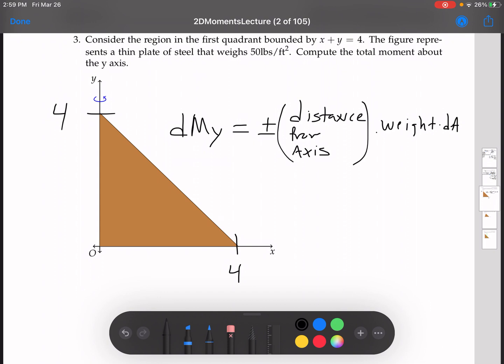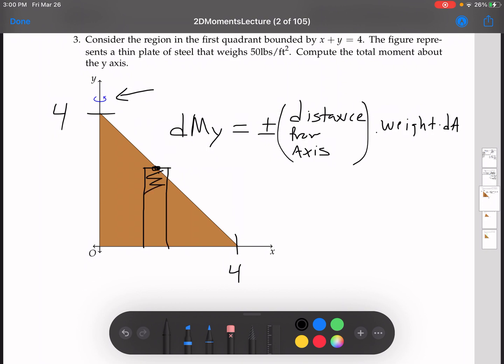All right, so we got to draw a rectangle, a thin, small rectangle. And the way to remember this is, notice that we're rotating about the y-axis. If we're rotating about the y-axis, then our small rectangle is going to be vertical.